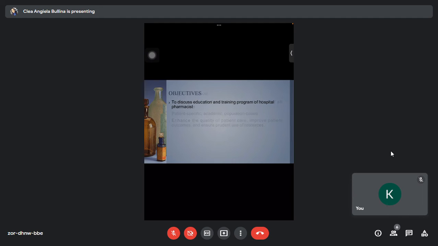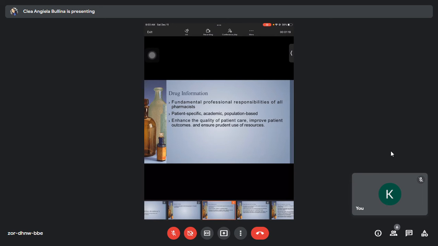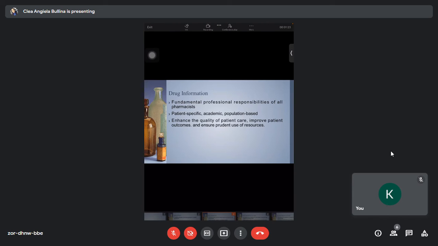So, let's start first with the drug information. The provision of drug information, or the DI, is among the fundamental professional responsibilities of all pharmacists. Recent practice trends, including the increased provision of medication therapy management services and our efforts to obtain provider status, have placed pharmacists in increasingly complex patient care roles, and necessitated a higher level of competence by all pharmacists in meeting these drug information needs.